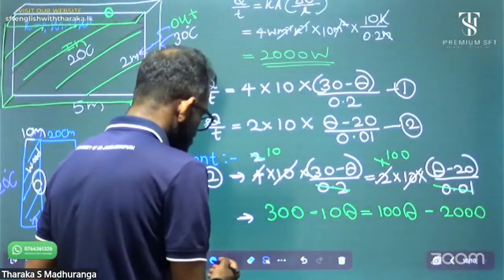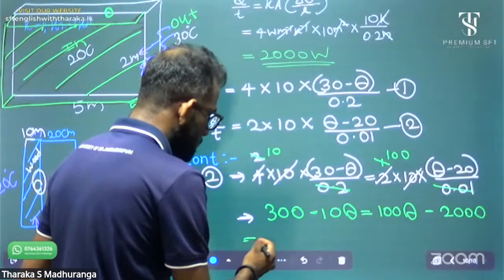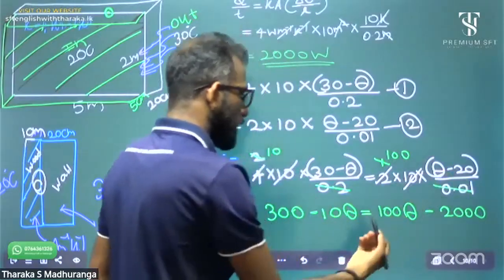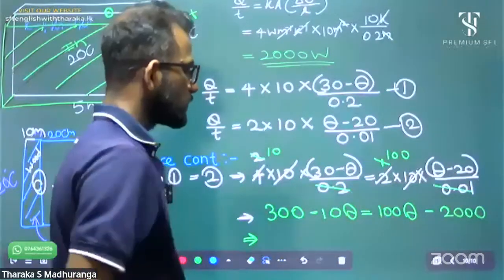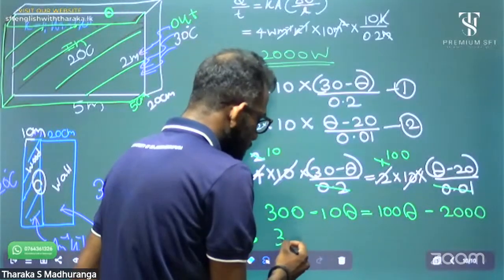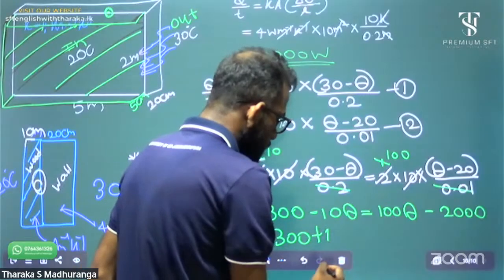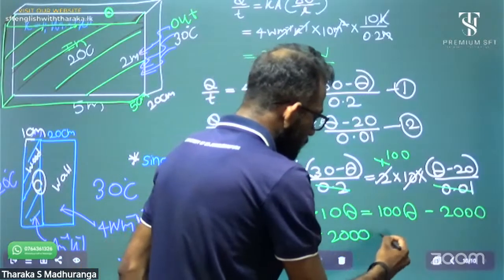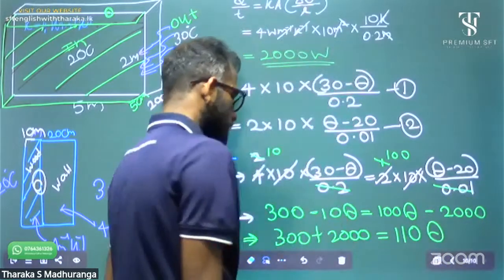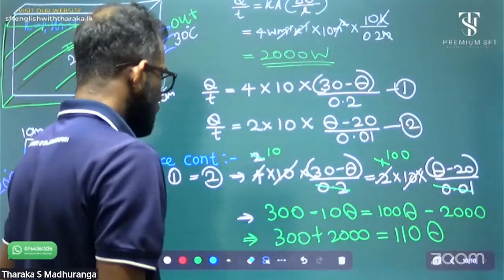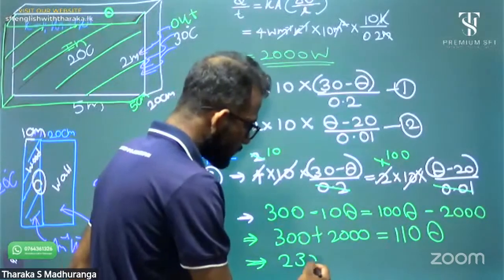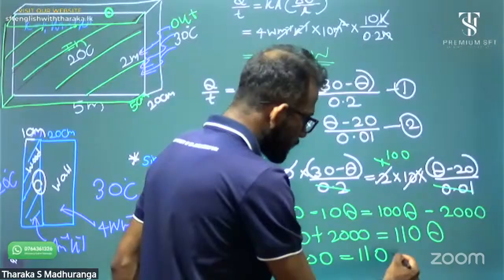Now you have to be careful. The minus 10 theta goes to this side, and the minus 2000 goes to the right side. It is 300 plus 2000 equals 110 theta, because 10 theta gets into this side. Now 2300 equals 110 theta.